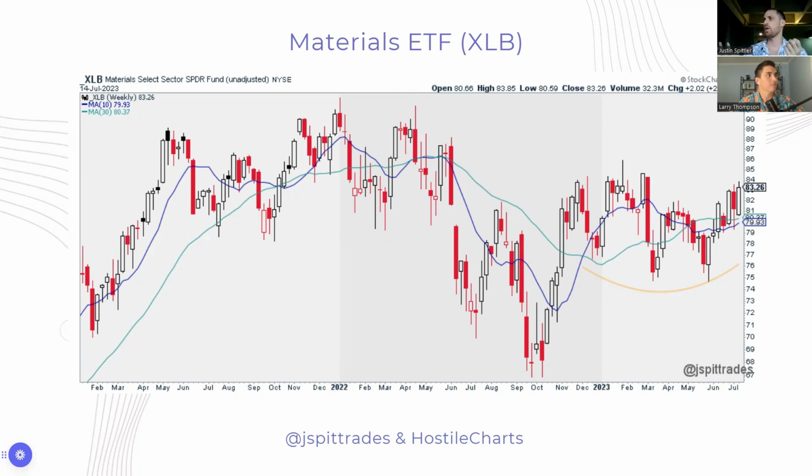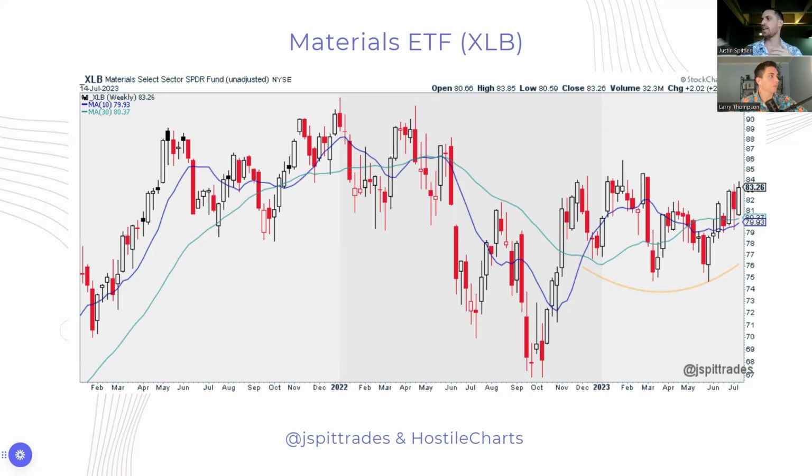So we look at materials. When I look at this chart, I had been charting the industrials chart, XLI, and this chart really reminds me of that chart. It bottomed in late September, early October, and from there had that impulse move up. So it actually led the market off those lows, but it hasn't done much in the past few months. It's just been building this base, but I think it's starting to wake up.